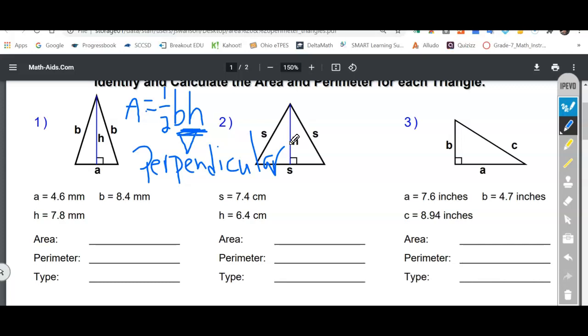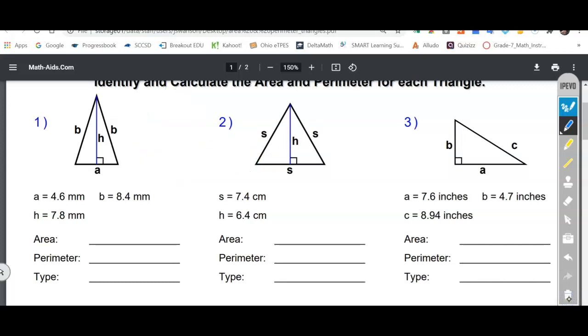What? No, not necessarily. What? It's a special type of intersection. What type of intersection, Noah? A right angle is formed. So your base and your height are two lines that form a right angle.